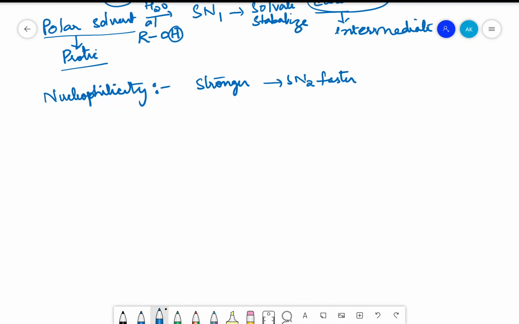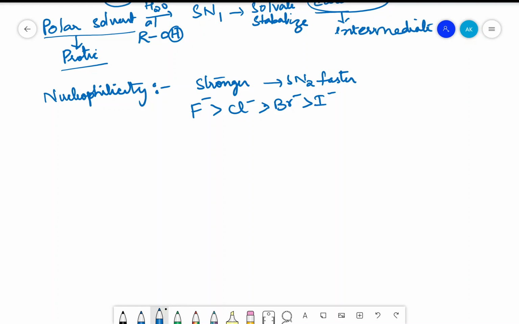The same point. In polar aprotic solvent, the order of nucleophilic strength for halide is fluoride is stronger than chloride ion, followed by bromide ion, followed by iodide ion. The rate of SN1 reaction is unaffected by the nature of the nucleophile.